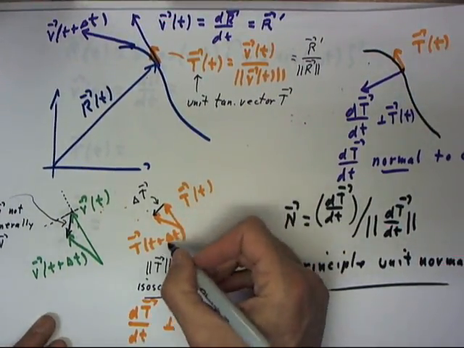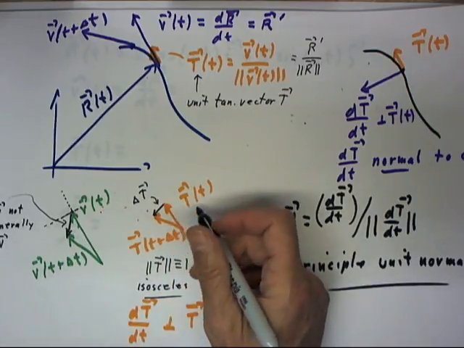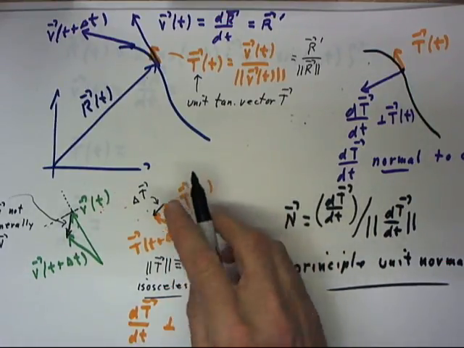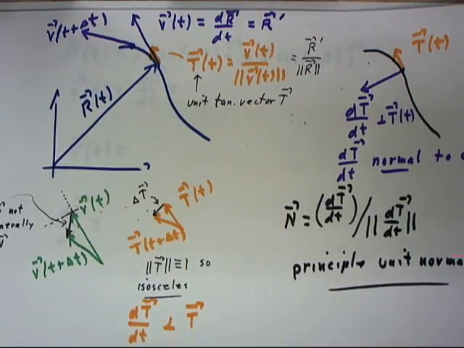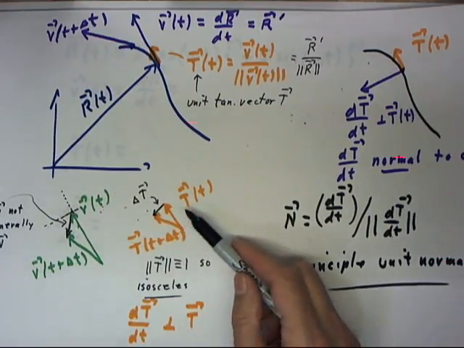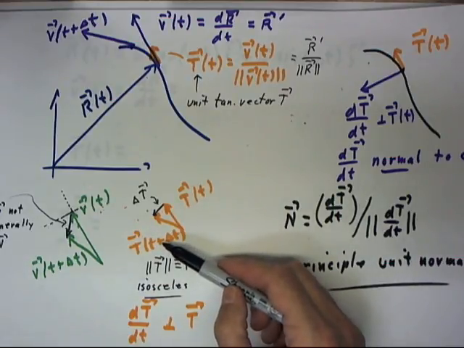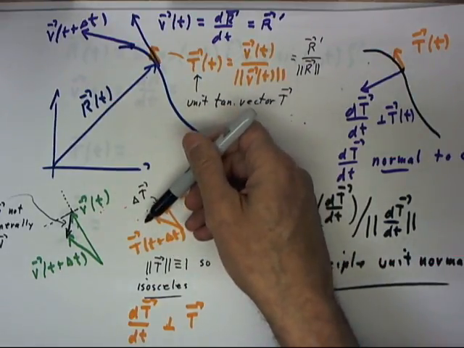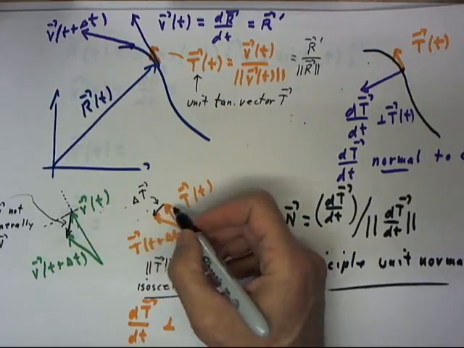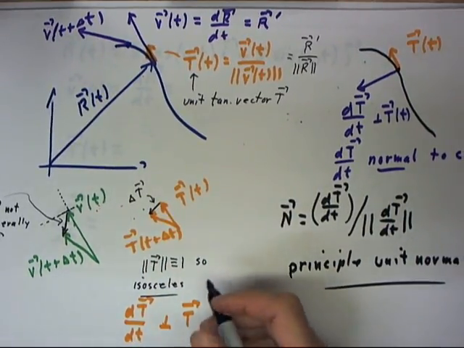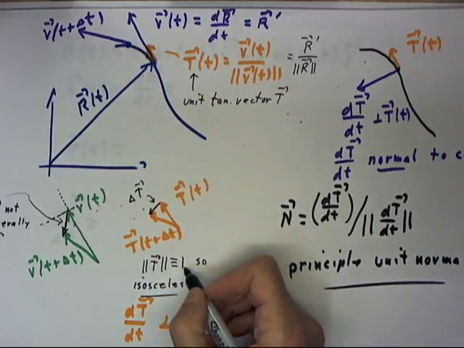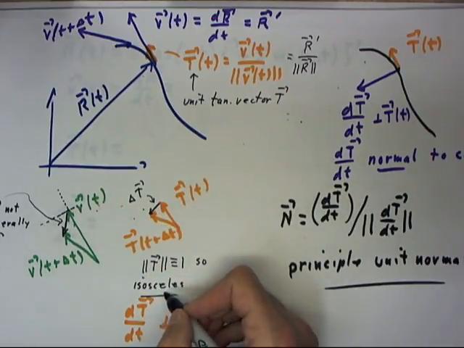So here's our picture in terms of our unit tangent vector. Now our unit tangent vectors that would correspond to these two velocity vectors would both have the same magnitude because they're both unit vectors, so that delta T forms this side of an isosceles triangle.